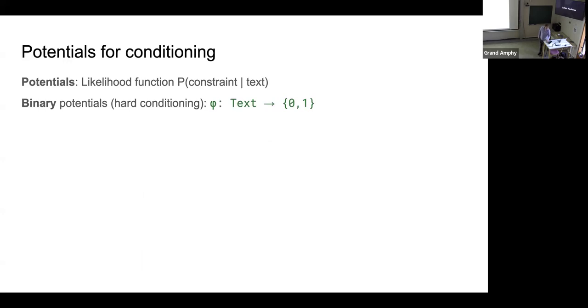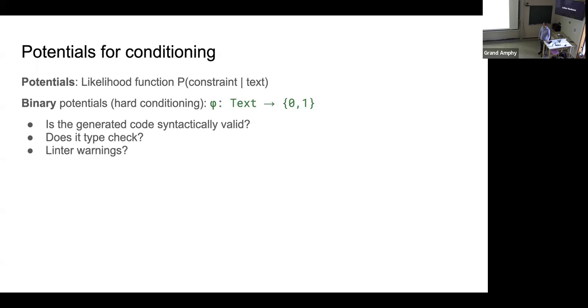So these kinds of constraints we impose, we also call potentials, which is this likelihood function of constraints given a text. As I said, there are binary potentials, which take a text and output 0 or 1. So this is something you can actually write code for. You could, for example, invoke the Lean parser and say, is this code syntactically valid? Does it type check?